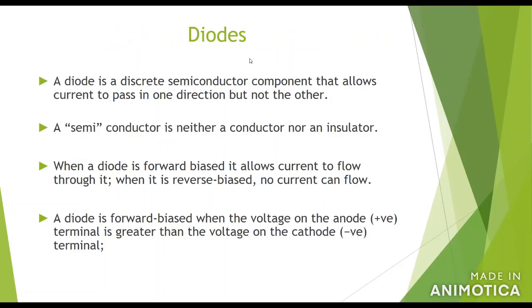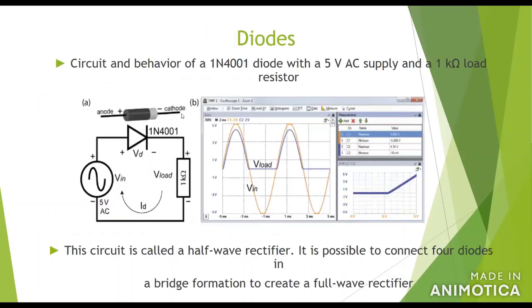Another component is called a diode, and a diode is a kind of semiconductor component. Let me just go ahead and show you what a diode is. The symbol for a diode is like this. Basically, it only allows current to flow in one direction.